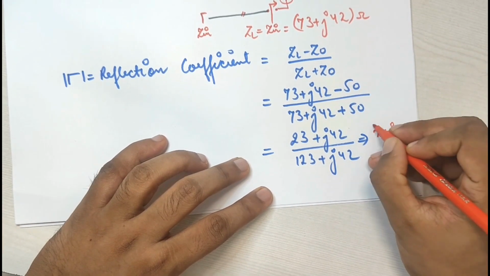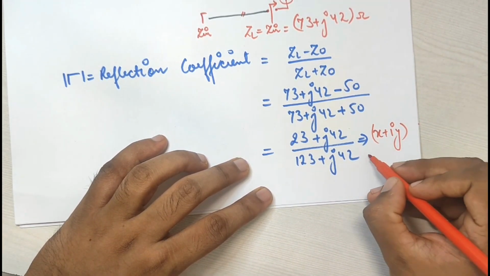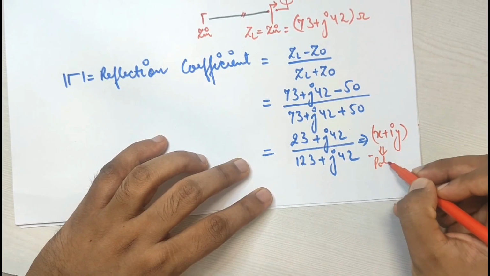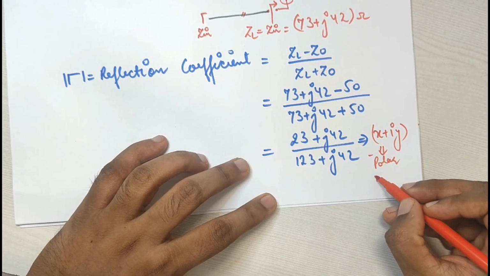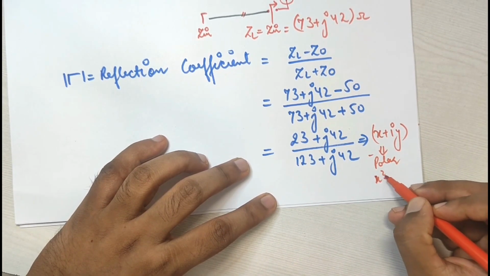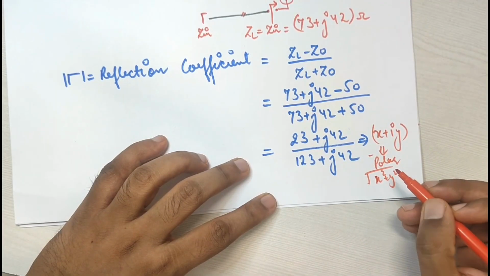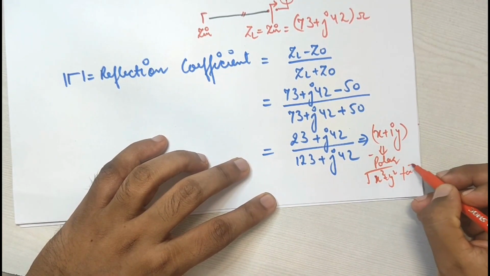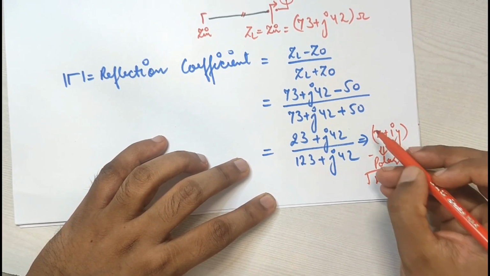The idea is now we will try to solve this particular equation in the form of x plus iy, so that we can convert this into the polar form, which is the square root of x squared plus y squared, angle tan inverse y upon x.